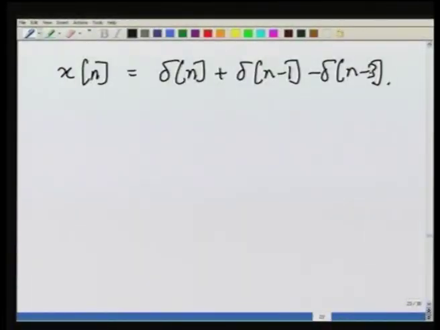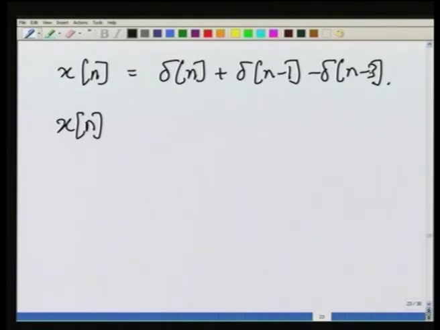If you have a general signal x n, not necessarily this one which had a finite support and these particular values, you would simply do the following. You take this x n, split it up into component signals. Each component signal must be non-zero at a particular point.